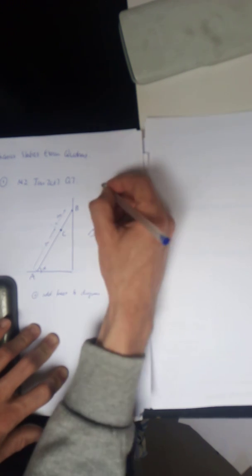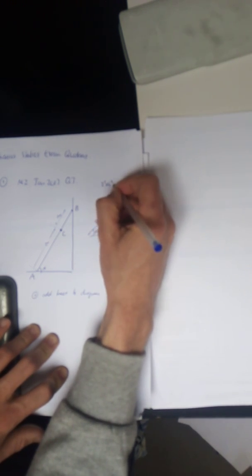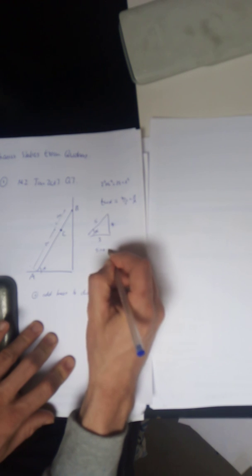That means the hypotenuse must be 5 because 3 squared plus 4 squared is equal to 25, which is 5 squared. It's one of these Pythagorean triples that they always give you. So sine alpha is O/H, which is 4/5, and cos alpha is A/H, which is 3/5. That's done for later.